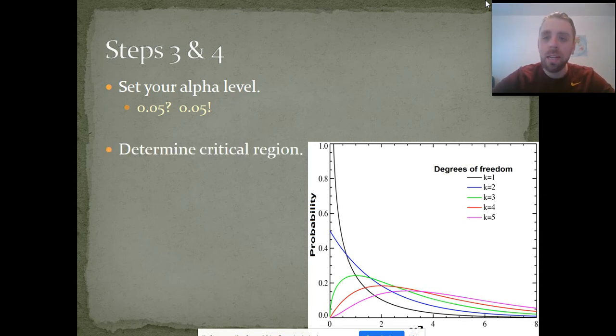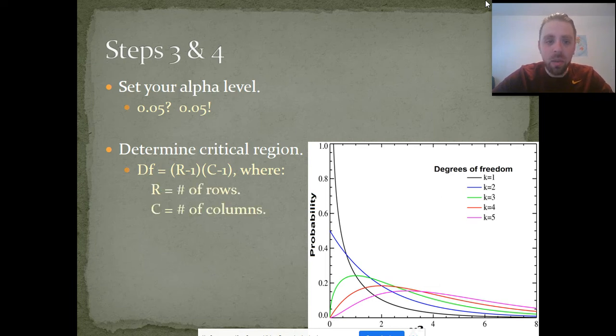Now, for the critical region, we are going to have a different formula for determining the degrees of freedom. The degrees of freedom for a chi-square test is R minus 1 times C minus 1, where R simply equals the number of rows and C equals the number of columns.